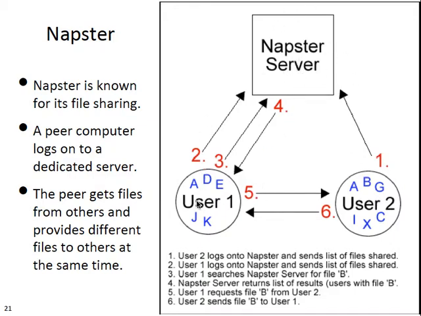And then if user 1 needs a piece of music, it asks Napster, and Napster finds out that, well, user 2 has it. So the server returns and tells user 1 that the music you need, user 2 has it.